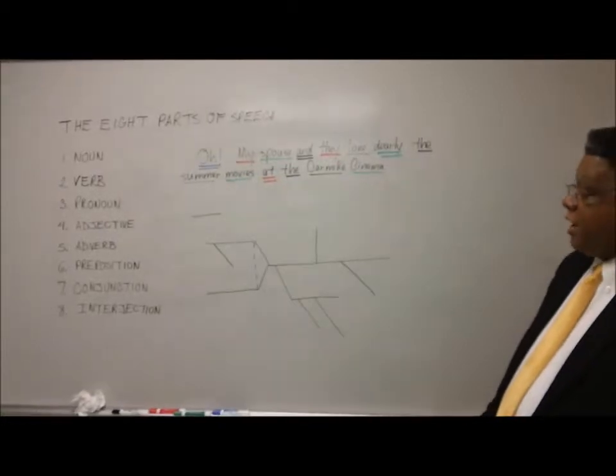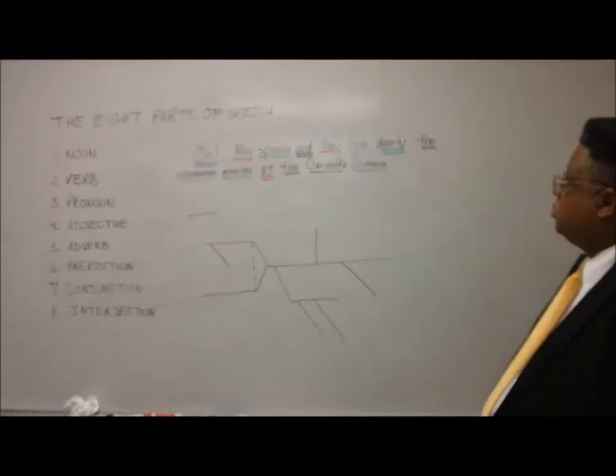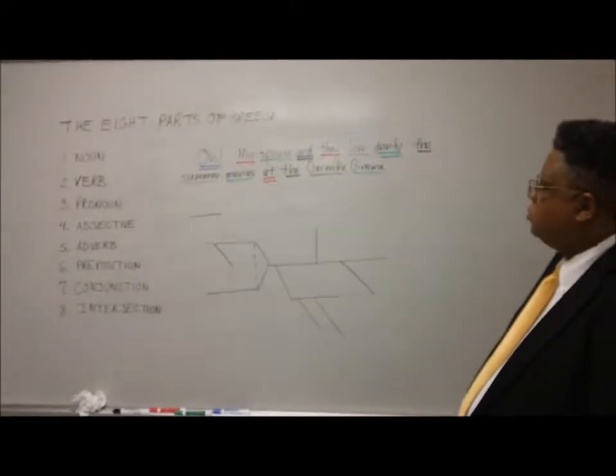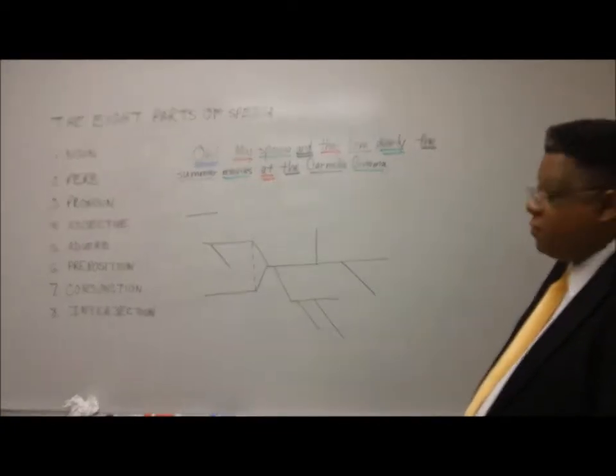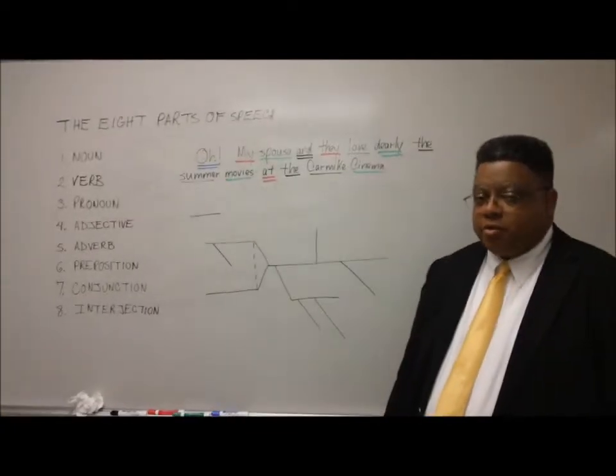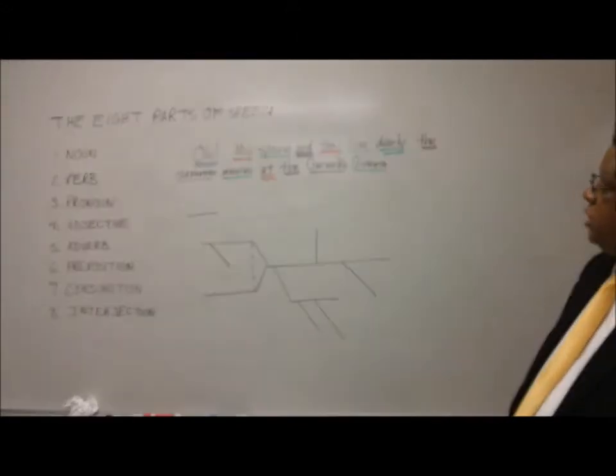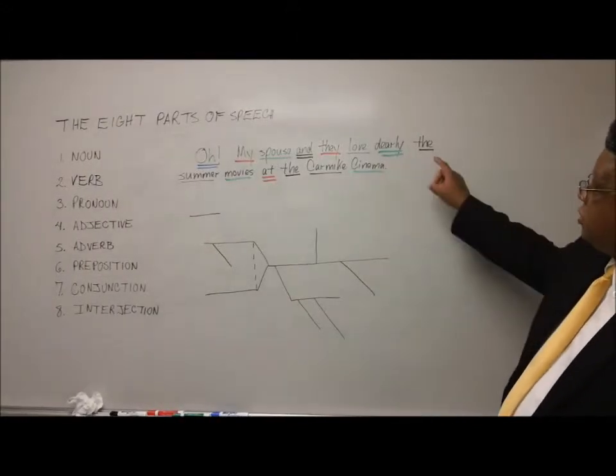Now, where are the adjectives in the sentence? How many are there? If you guessed that there are 4 adjectives, you're correct. Underlined once in black is the word the.